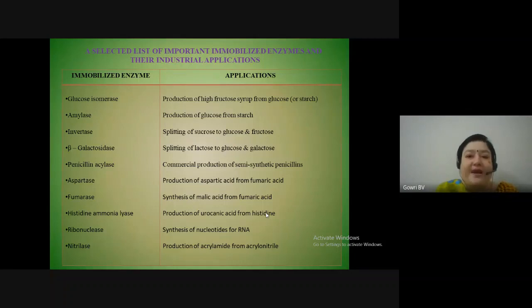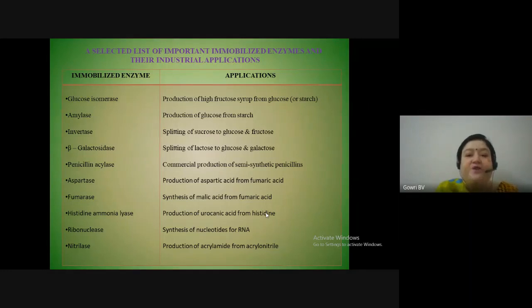Glucose isomerase, it is used for the production of high fructose syrup from glucose. Amylase, production of glucose from starch. Invertase, splitting of sucrose to glucose and fructose. Beta galactosidase, splitting of lactose to glucose and galactose. Penicillin acylase is used for the commercial production of semi-synthetic penicillins.